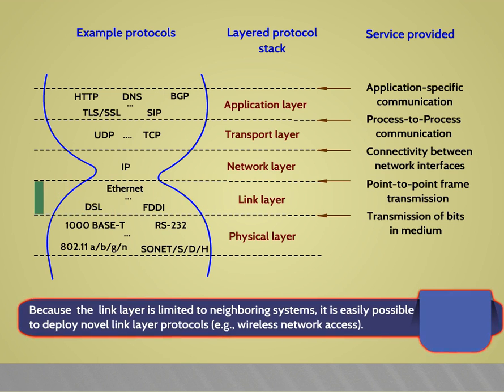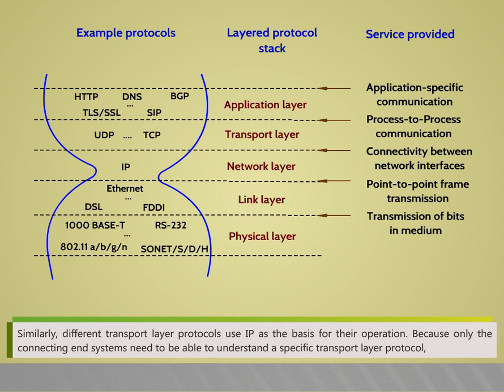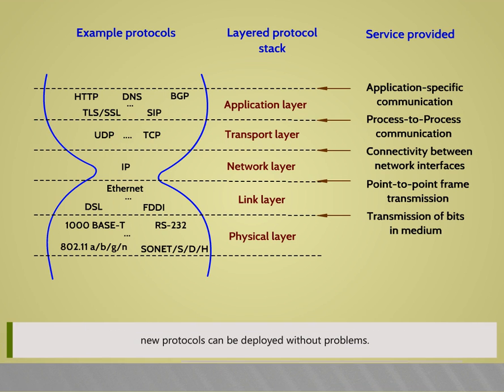Because the link layer is limited to neighboring systems, it is easily possible to deploy novel link layer protocols, for example, wireless network access. Similarly, different transport layer protocols use IP as the basis for their operation. Because only the connecting end systems need to be able to understand a specific transport layer protocol, new protocols can be deployed without problems.